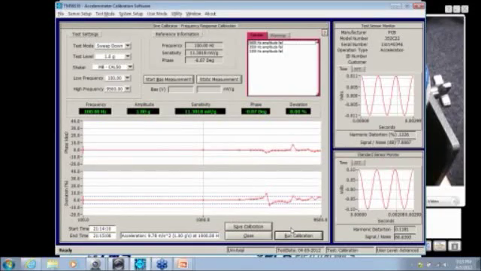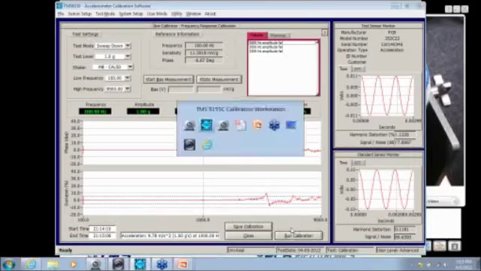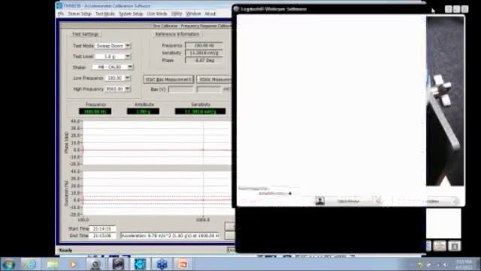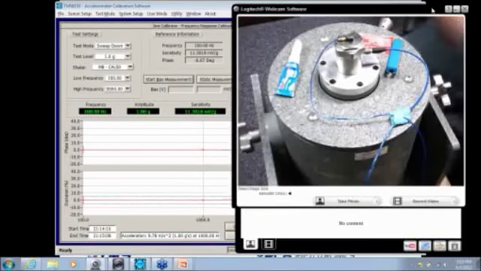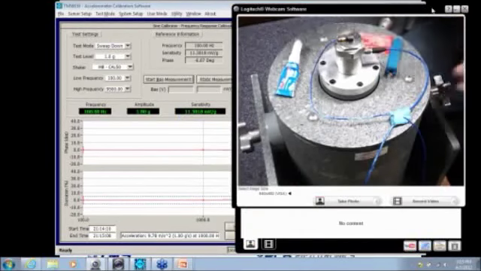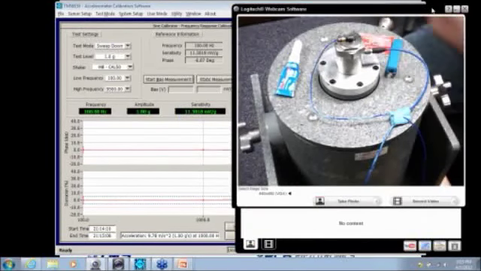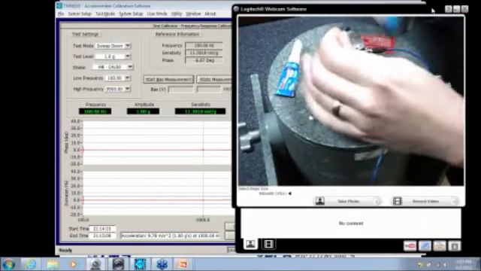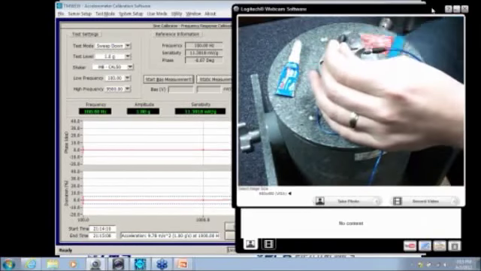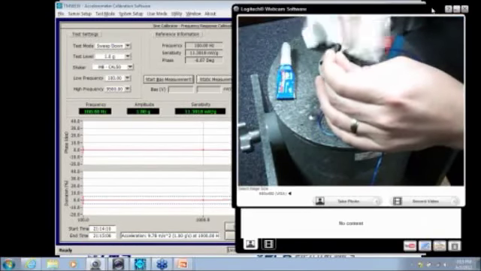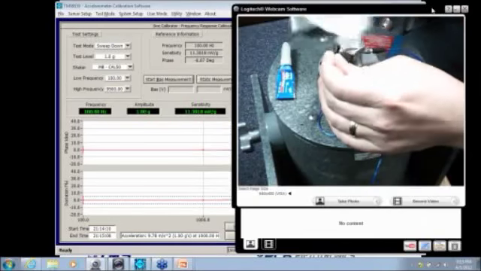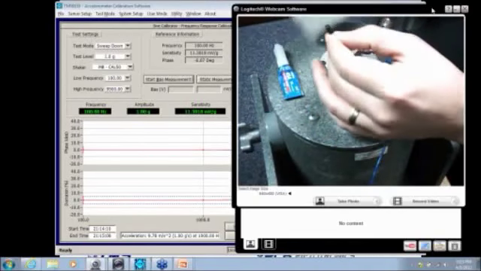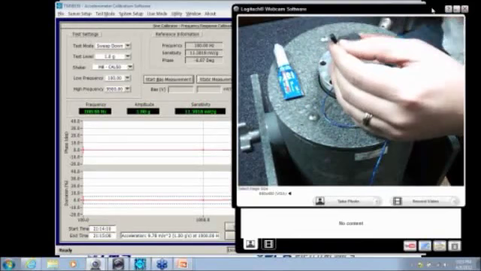I think I put it back in the exact same orientation that I had it in. Okay, let's try one more time. My apologies. Roughly 45-degree rotation is what we're targeting.